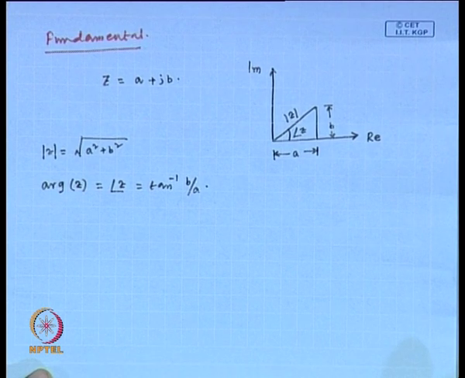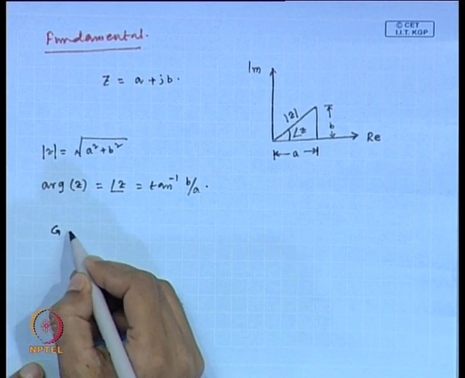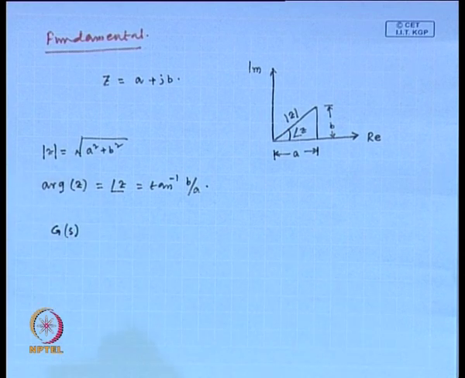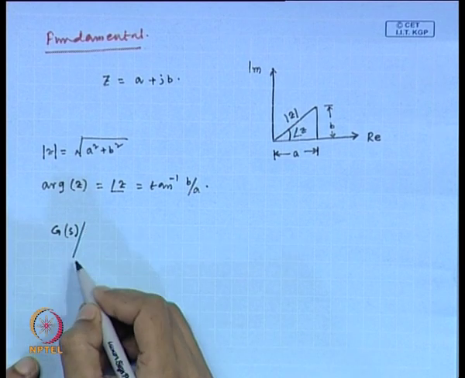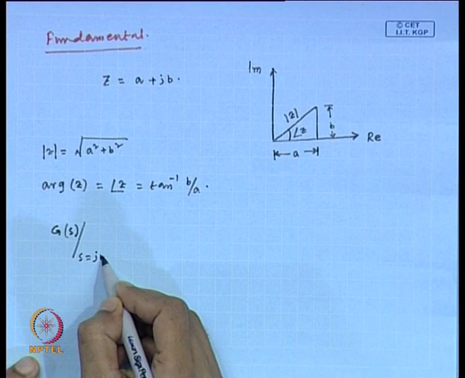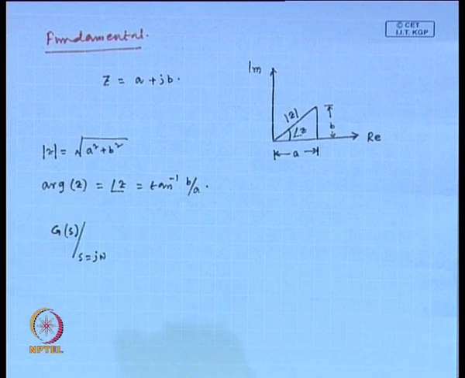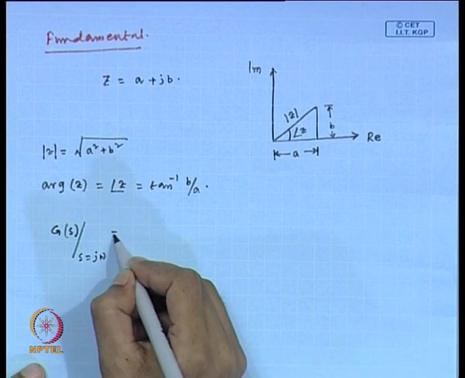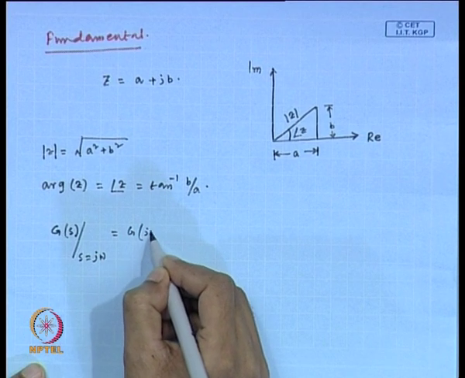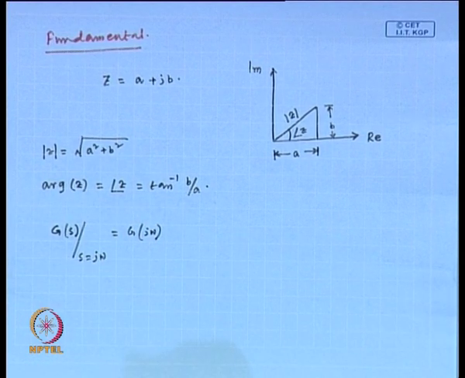Fine. Now, for a particular process we usually have the transfer function Z(s). Now, if we substitute s equals j omega, then we get the frequency response transfer function.